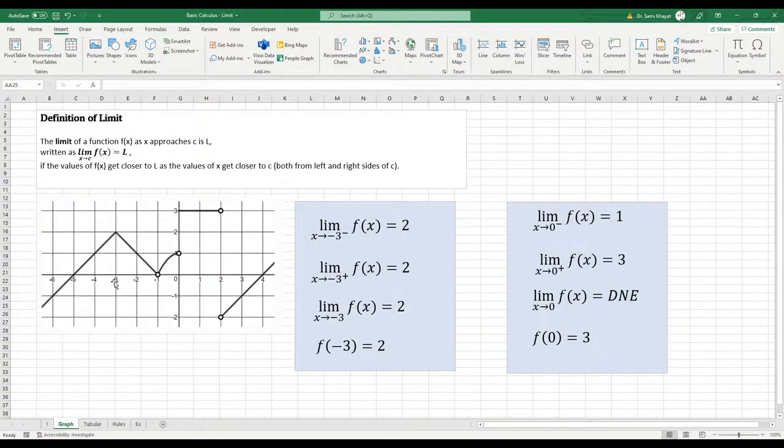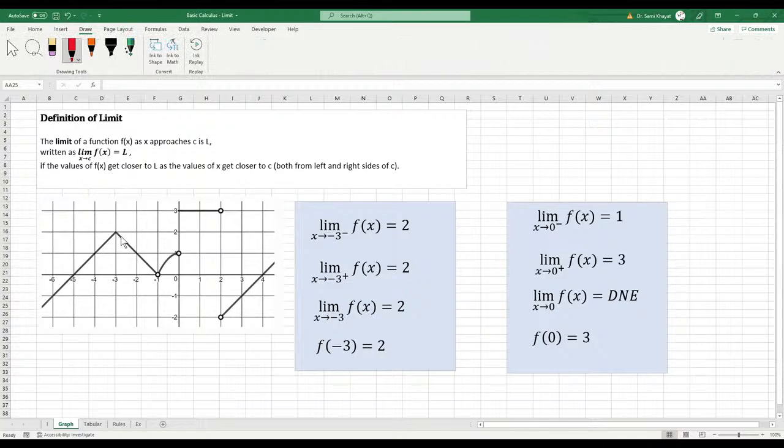For example, if I want to approach this x, which is negative 3, from the left side, which we represent by limit x approaching negative 3 with a negative sign up, meaning I am approaching this one from the negative side.